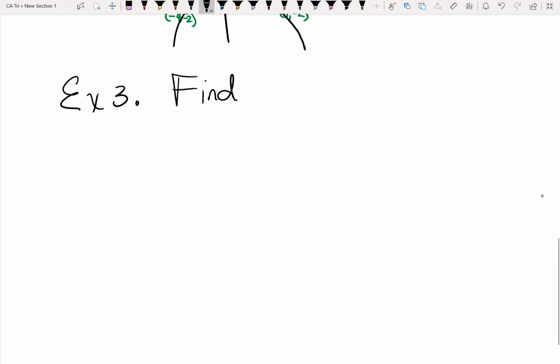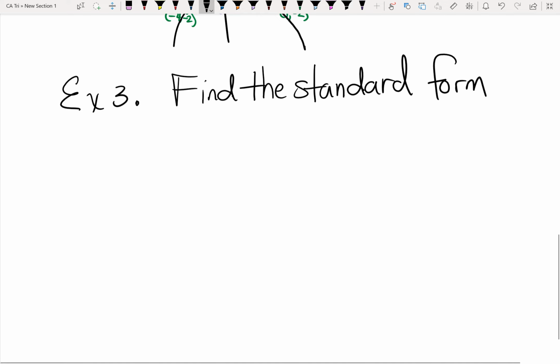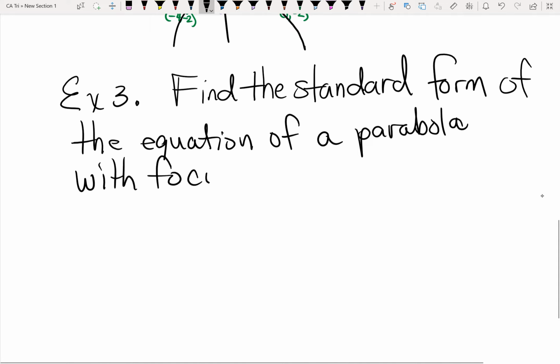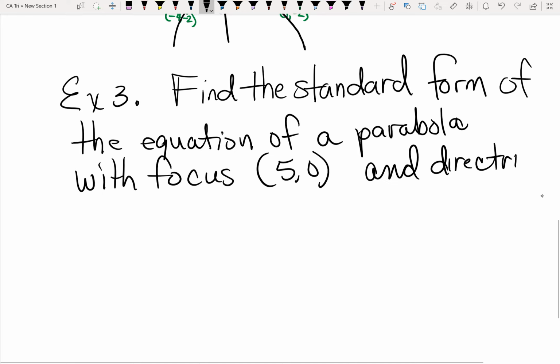They're going to say to you, find the standard form of the equation of a parabola with focus (5, 0) and directrix where x is equal to -5. They actually give you the picture.